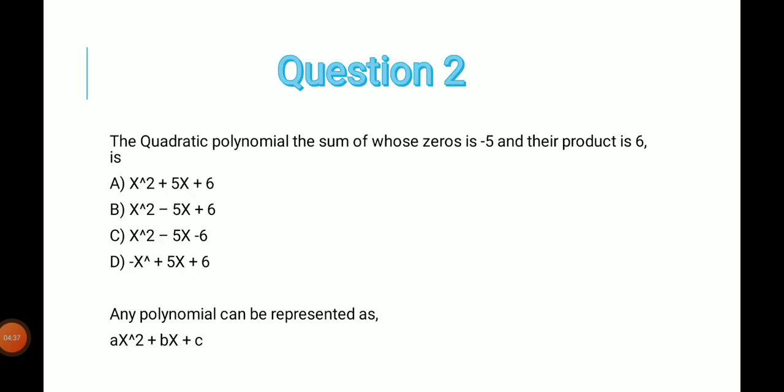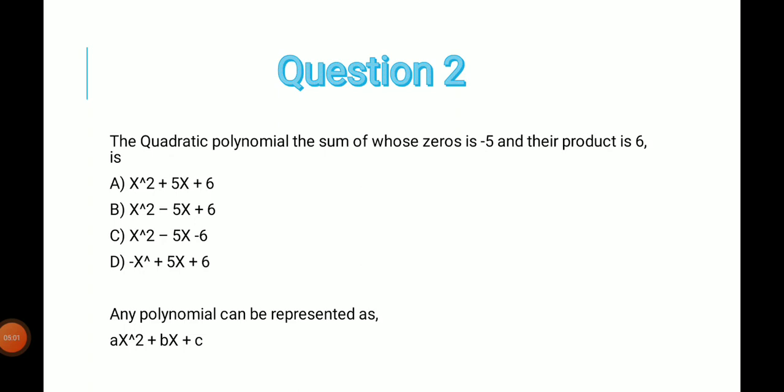Next is question 2. A quadratic polynomial is given whose sum of zeros is -5 and product is 6. You have to find the polynomial whose sum of roots is -5 and product of roots is 6.